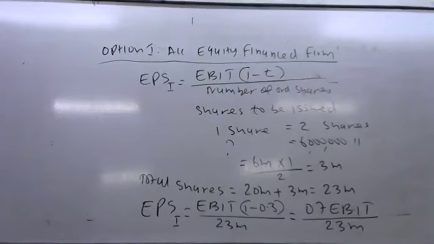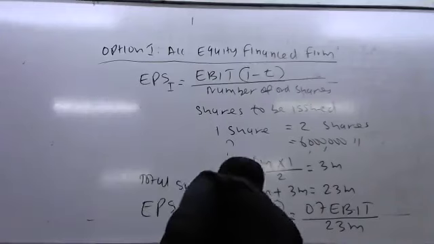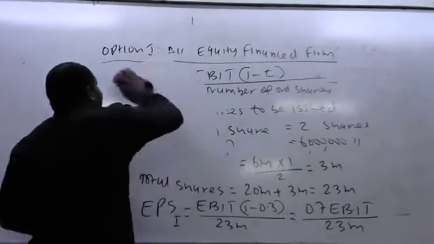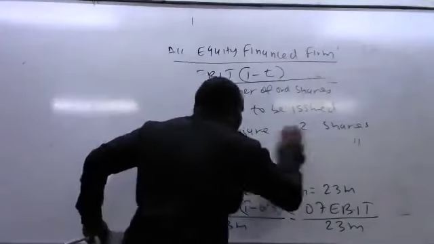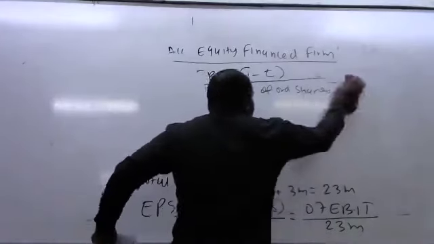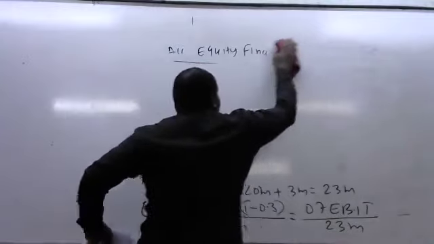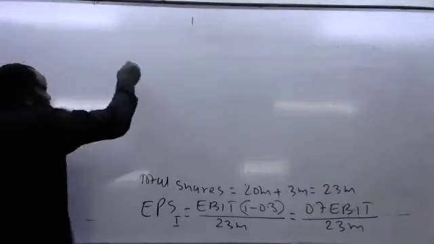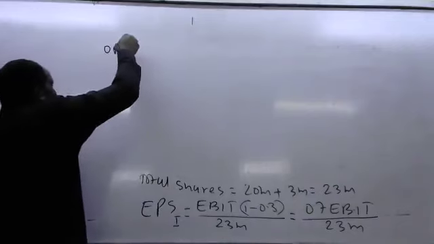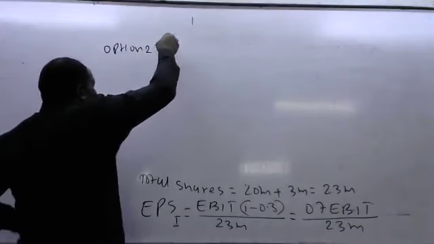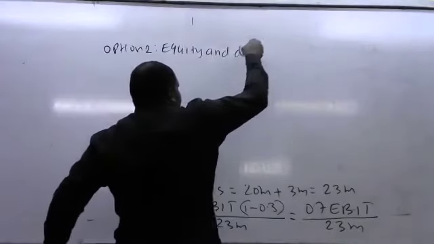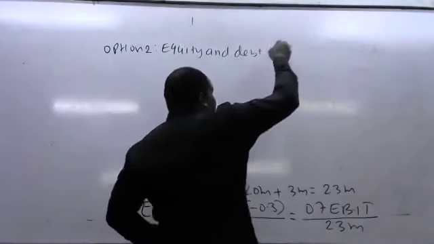So now we go to option 2. Let us check what is meant to be there for option 2. Option 2 is equity and debt financed.